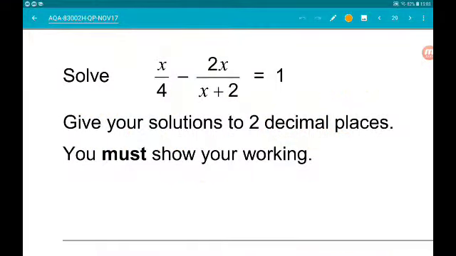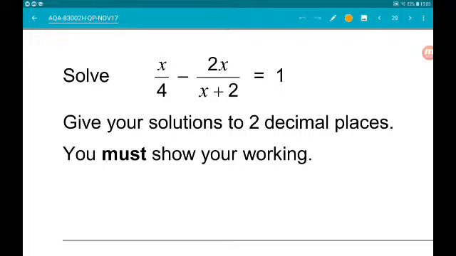Okay, question 27, the final question. 6 marks. Big question. So, an equation involving algebraic fractions. We're going to need the quadratic formula. It's going to be a whole heap of fun. Okay, so we want to solve x over 4 minus 2x over x add 2 is equal to 1.